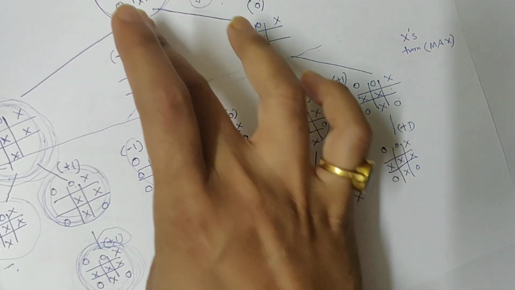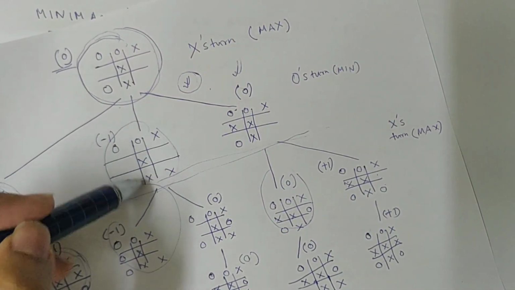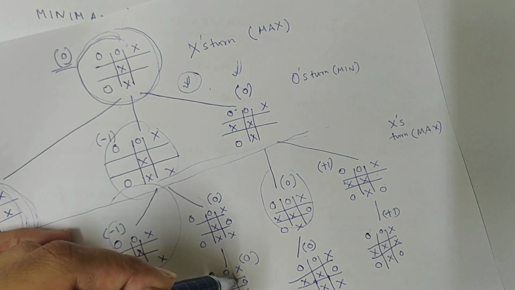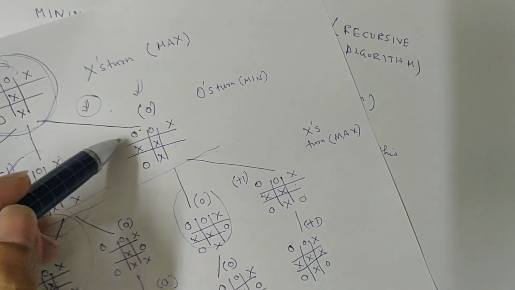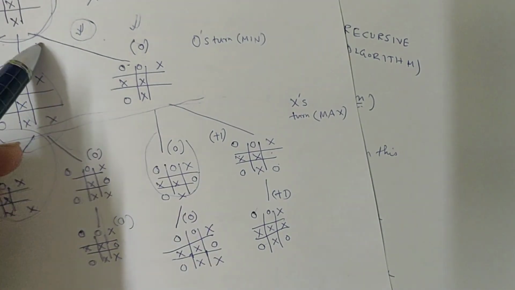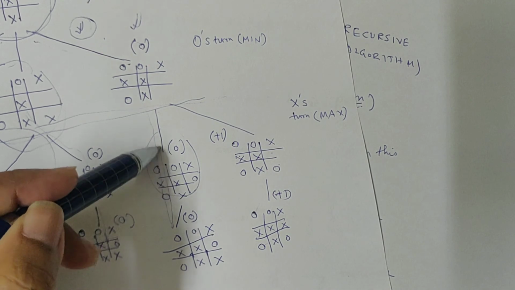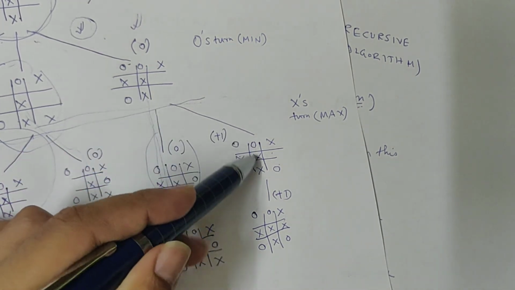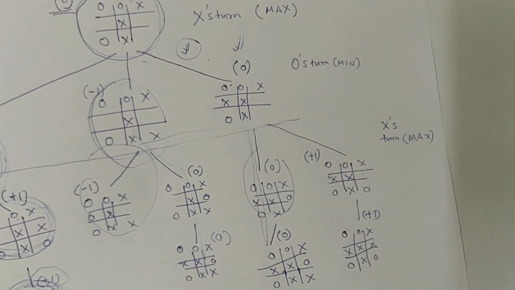In a similar manner, I will pass this board position to this, then to this, and then I will return the minimal value here. In a similar manner, I will go from here to here to here, then from here to here to here, and I will pass on the minimal value.